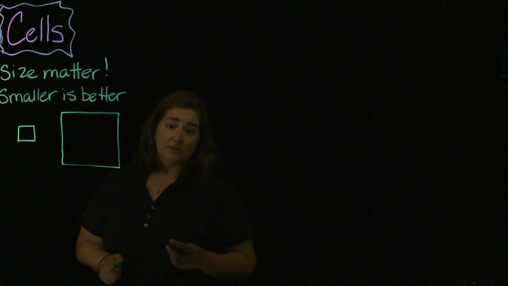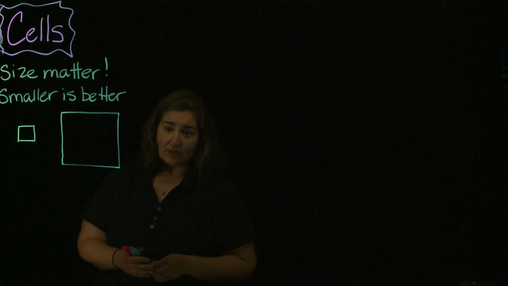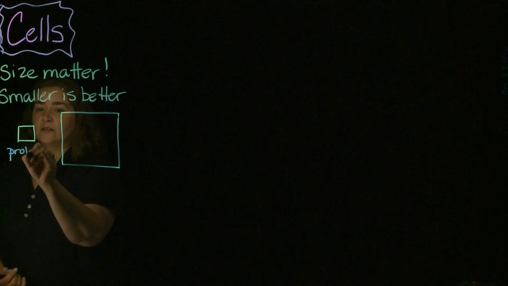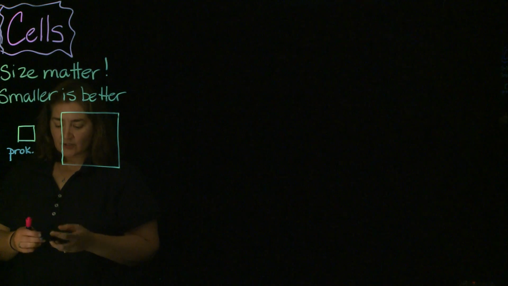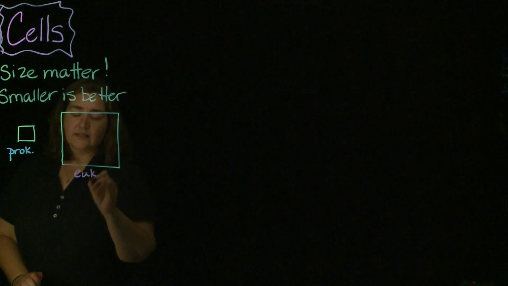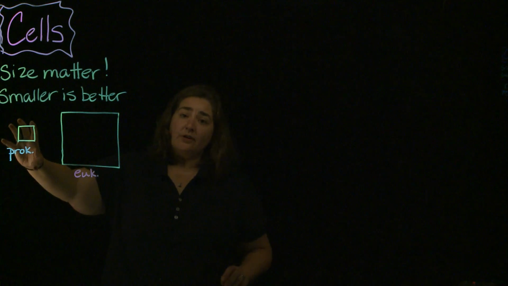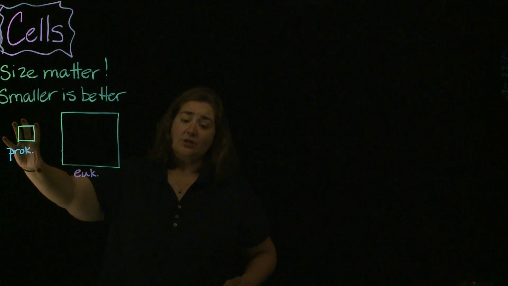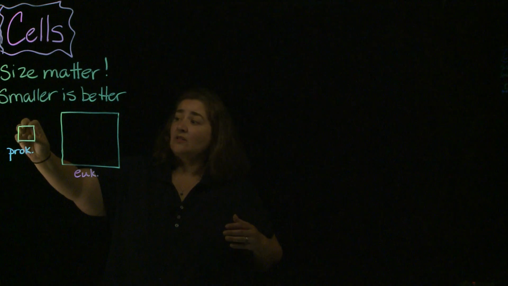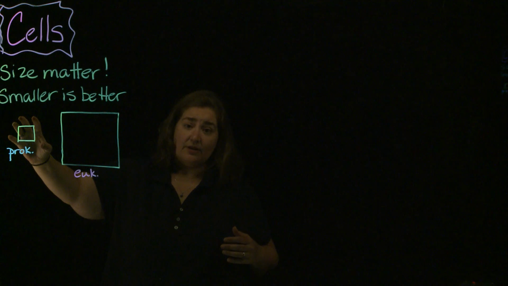And that's what's important. So if we take this in terms of something we've already talked a little bit about, our prokaryotic cell is our small cell, and our eukaryotic cell is our large cell. The prokaryotic cell is actually much more efficient at transporting what it needs across its cell membrane, because relative to the volume inside, it has a greater surface area.